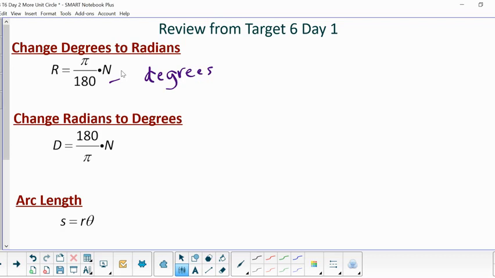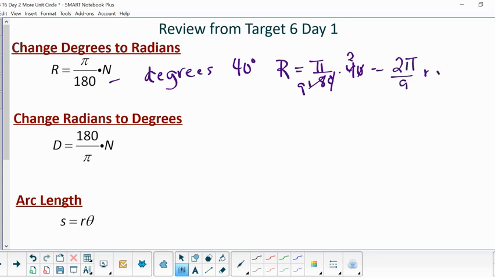For instance, if I had an angle that was 40 degrees, then I would find the radian measure by multiplying 40 by pi over 180. We're just going to reduce this: 40 and 180 reduce to 2 and 9. So this reduces to 2 pi over 9 radians.